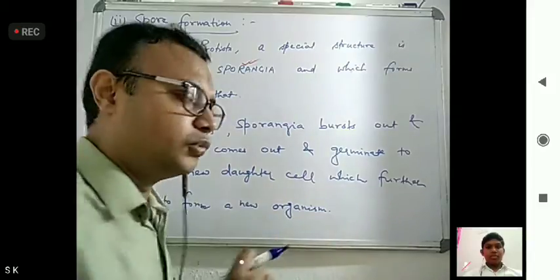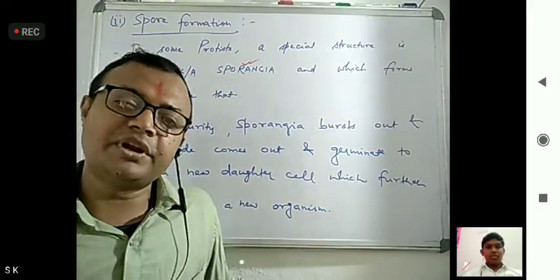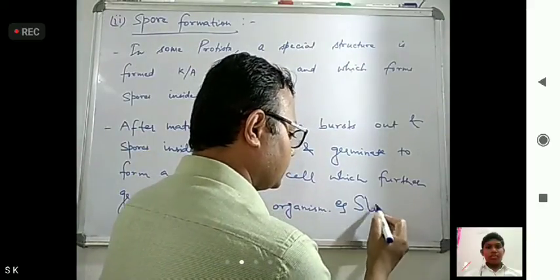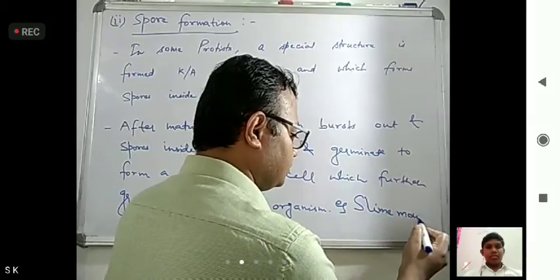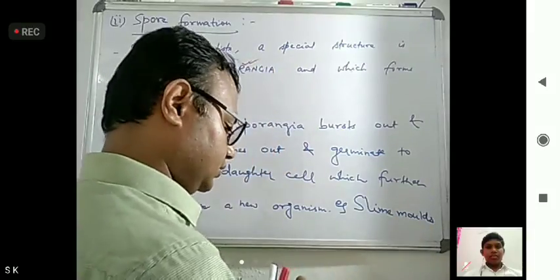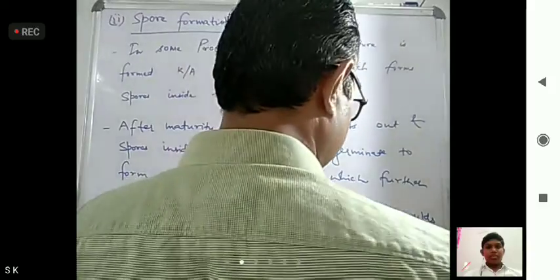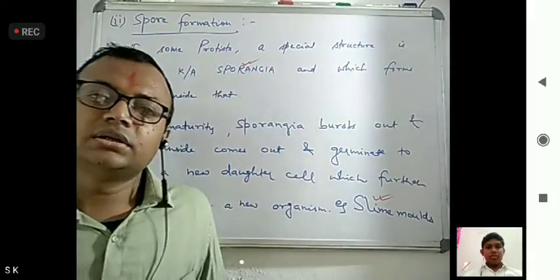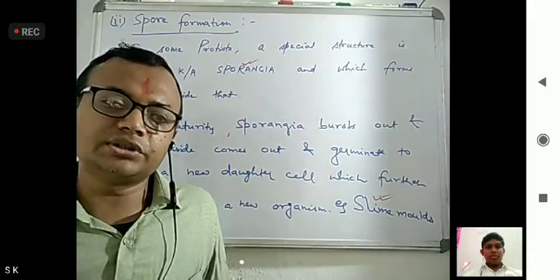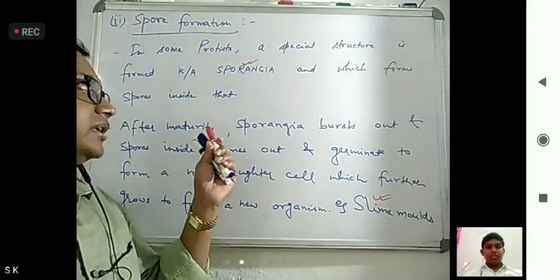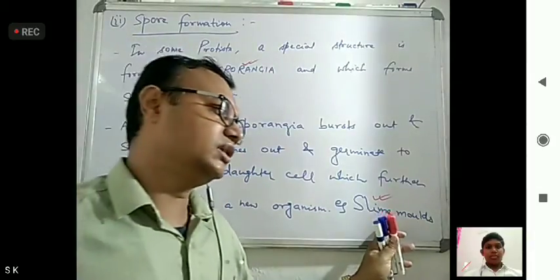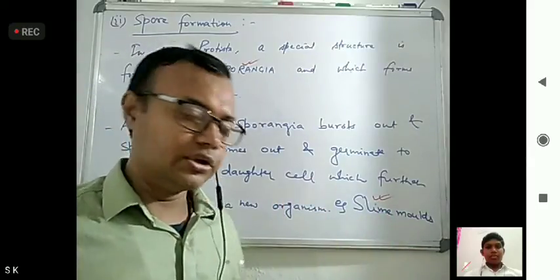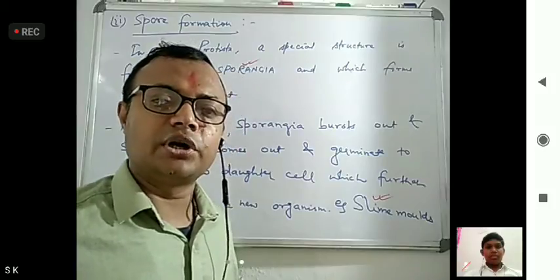Okay, so this spore formation mostly takes place in slime molds. For example, slime molds. You have to remember this example: which protist has the asexual mode that is spore formation? That is slime molds. So slime molds you have to remember.